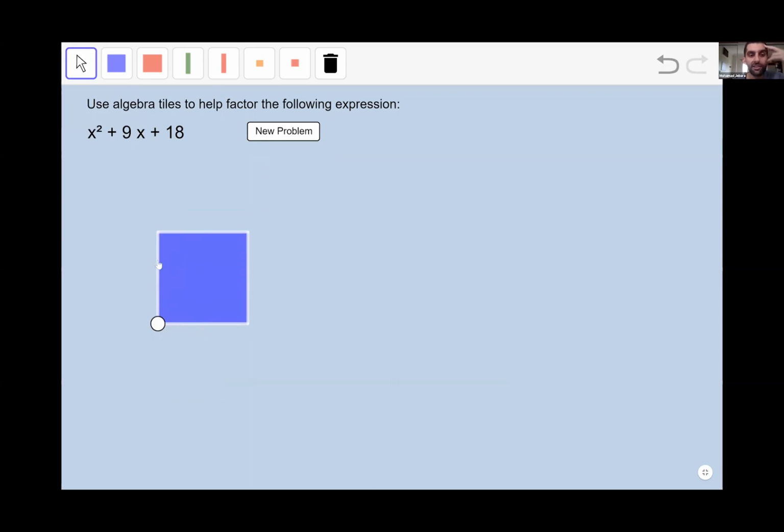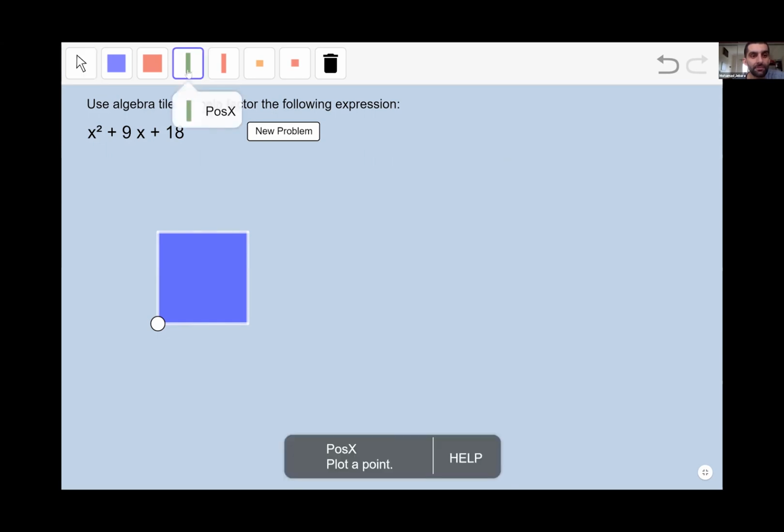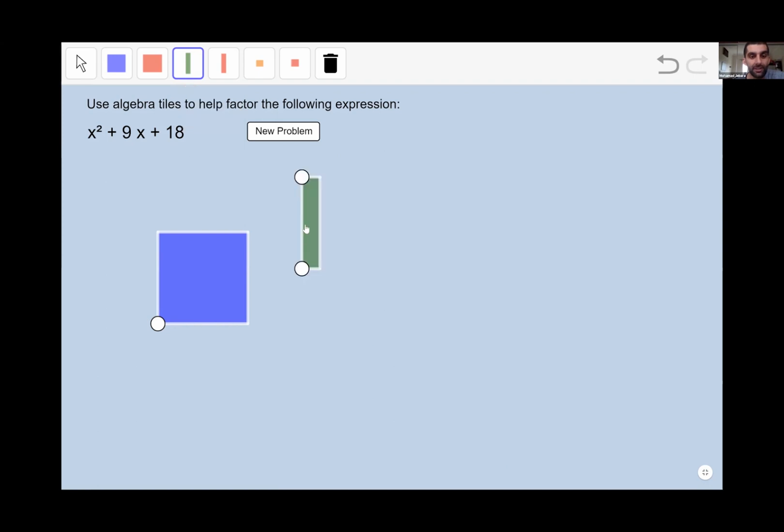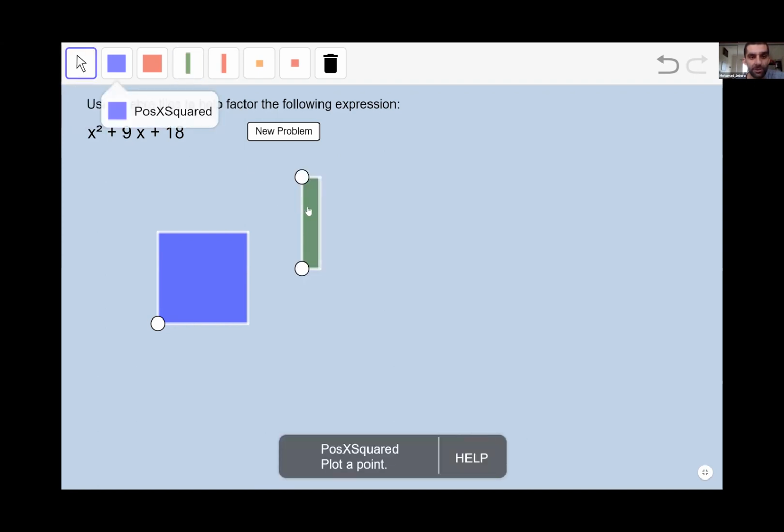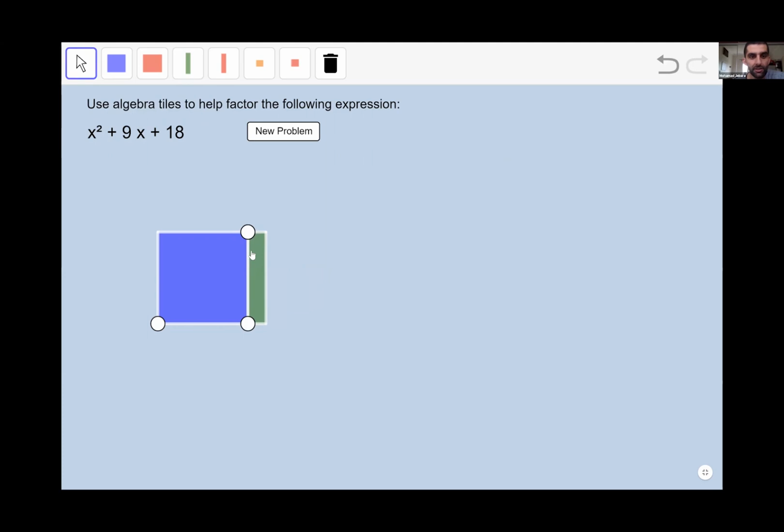So basically think of this as a square with side length x. So the area of this is going to be x squared. Nice and simple. We don't know how long it is, but we're going to call it x, the unknown number. Then this one here is going to be our x. And you can see it's our x because if I put it over here, you'll notice that it's exactly x long.